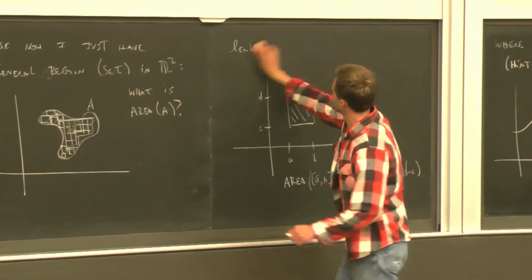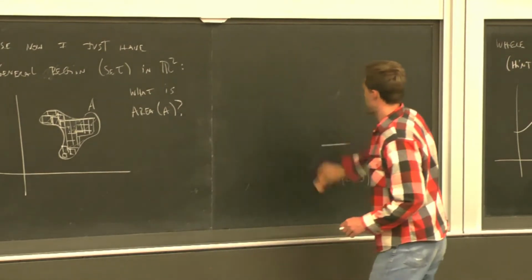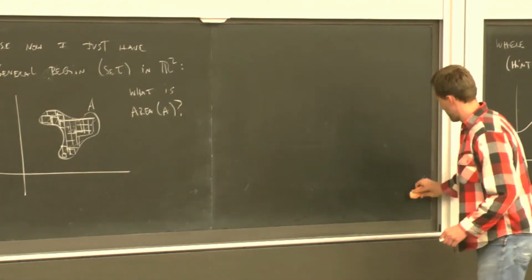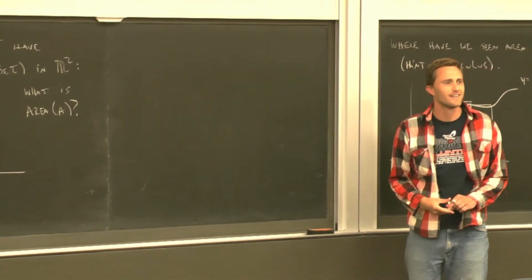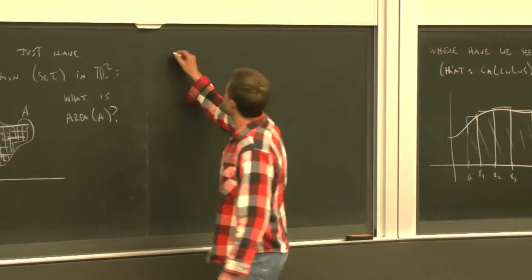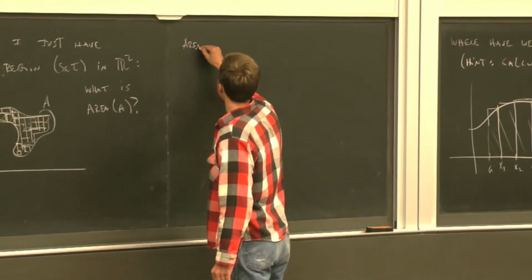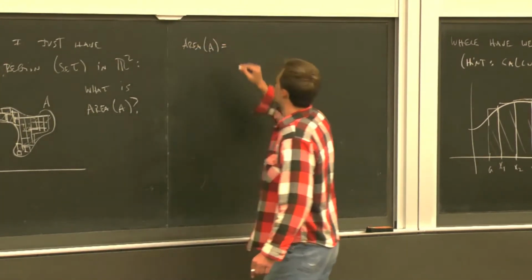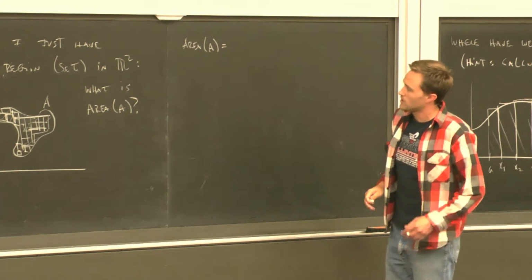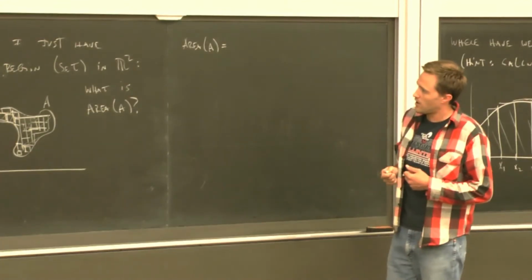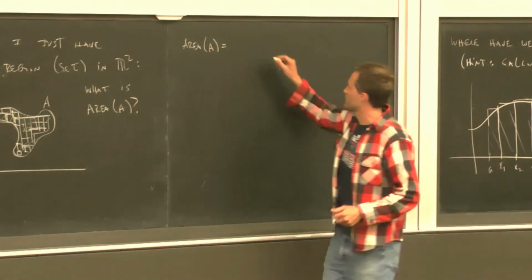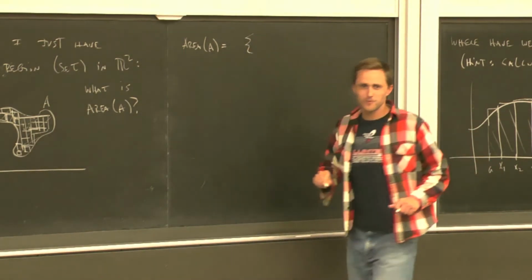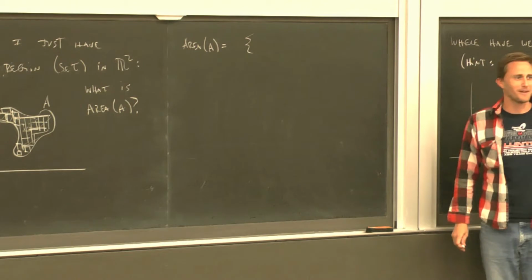Right? And so how should we define our area? If we wanted to do this in a very mathematical way, we could say that the area of A is equal to, well, let's just take a bunch of rectangles. We'll do the wrong way first, and then we'll do the right way.